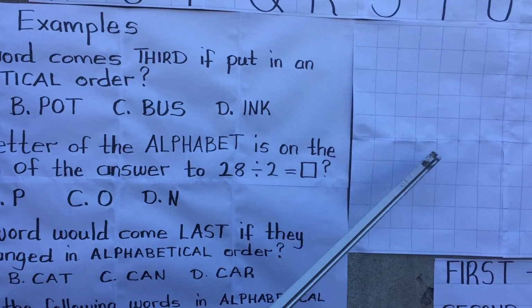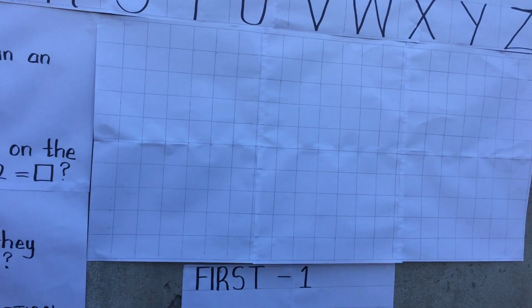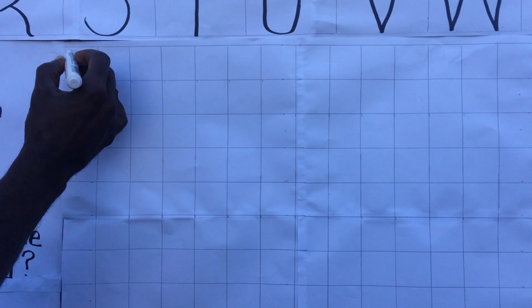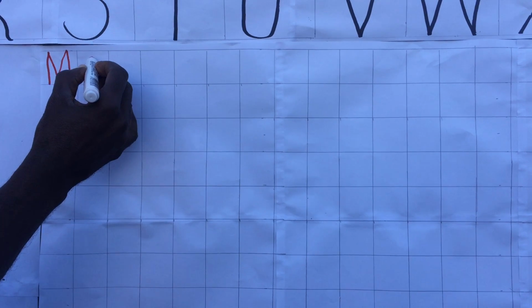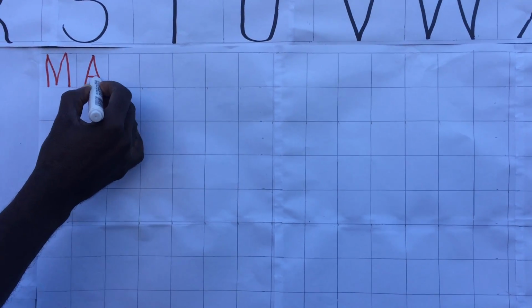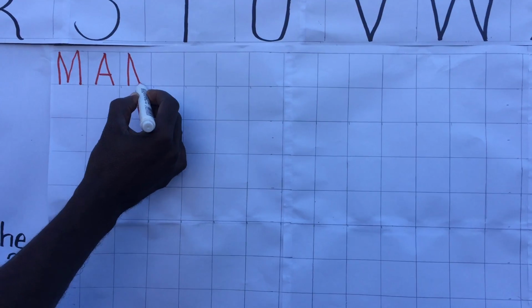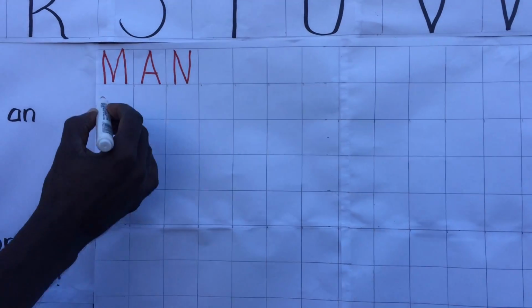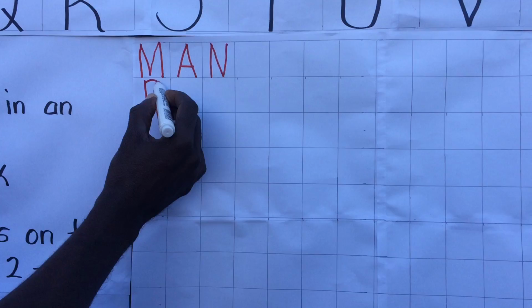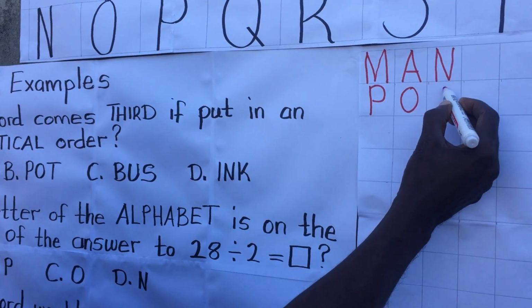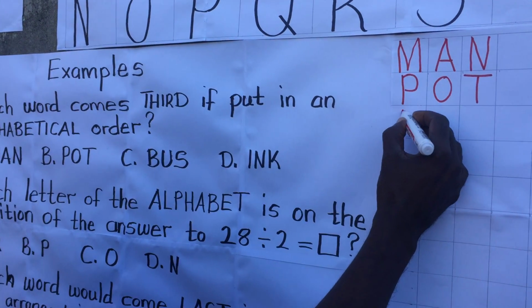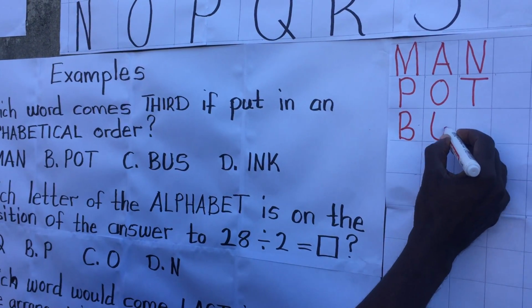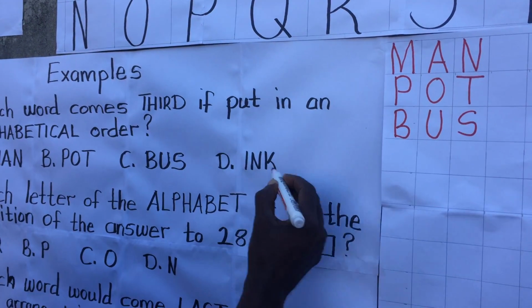I will write these words in boxes. So I'll write M, A, and N in order. The second one is pot, P, O, T. The next one is bus, B, U, S. The last one, ink.